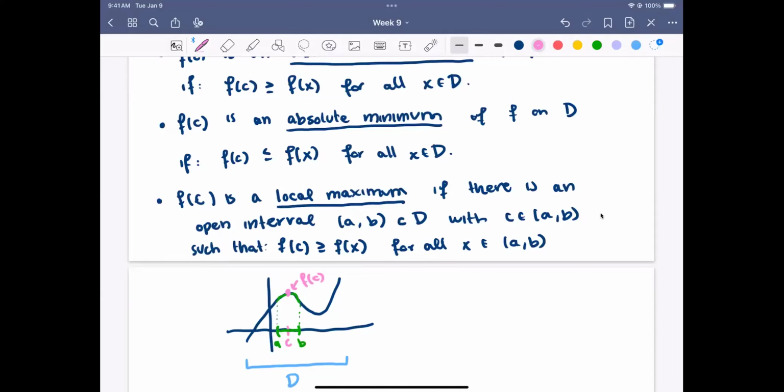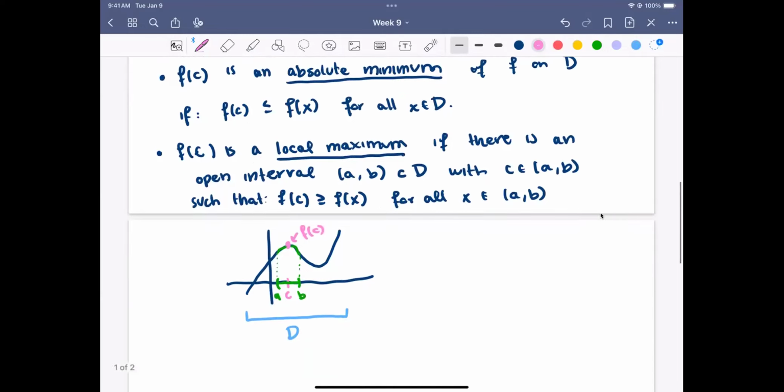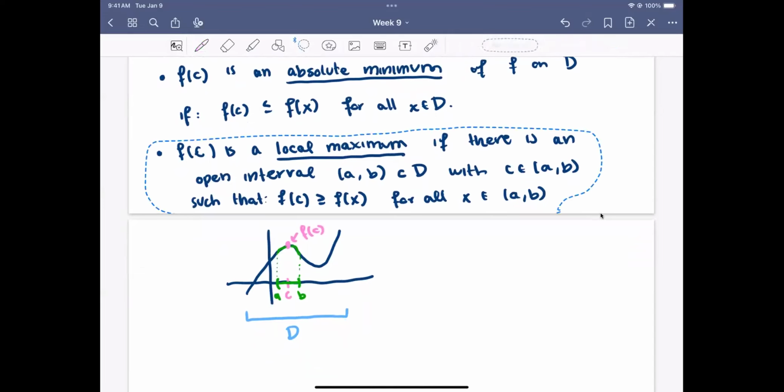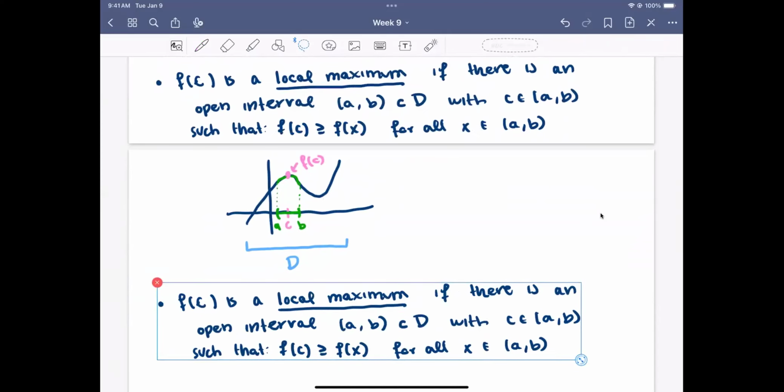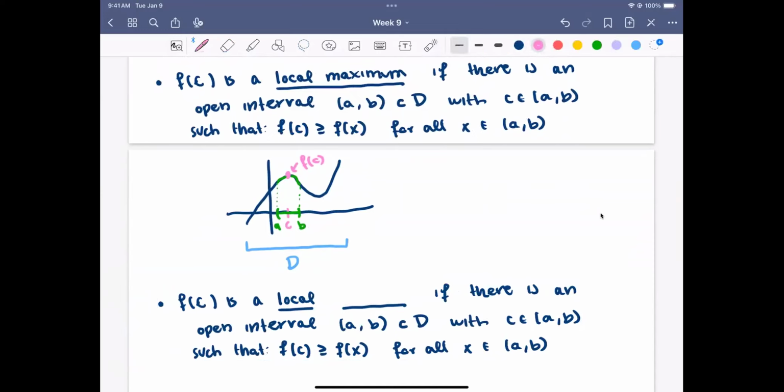And then there's an analogous definition for local minimum. I'm just going to copy this. So we'll say that this is a local minimum if there is an open interval containing C such that, and now all I need to do is just flip this inequality.